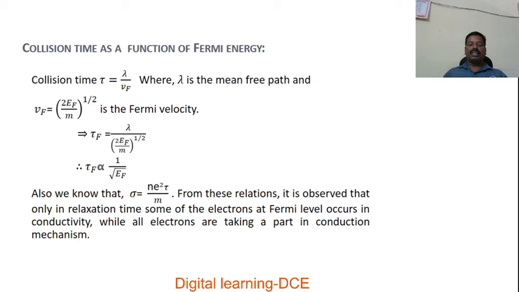Only electrons at the Fermi level will contribute to electrical conductivity, while all electrons take part in the conduction mechanism. They participate in conduction, but they won't contribute to the electrical conductivity.